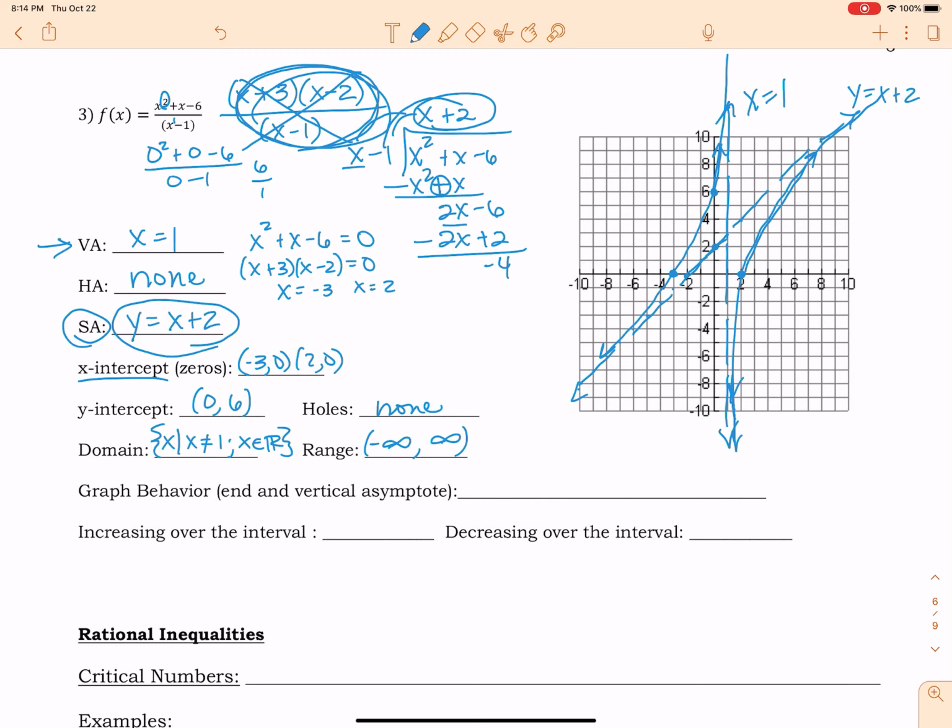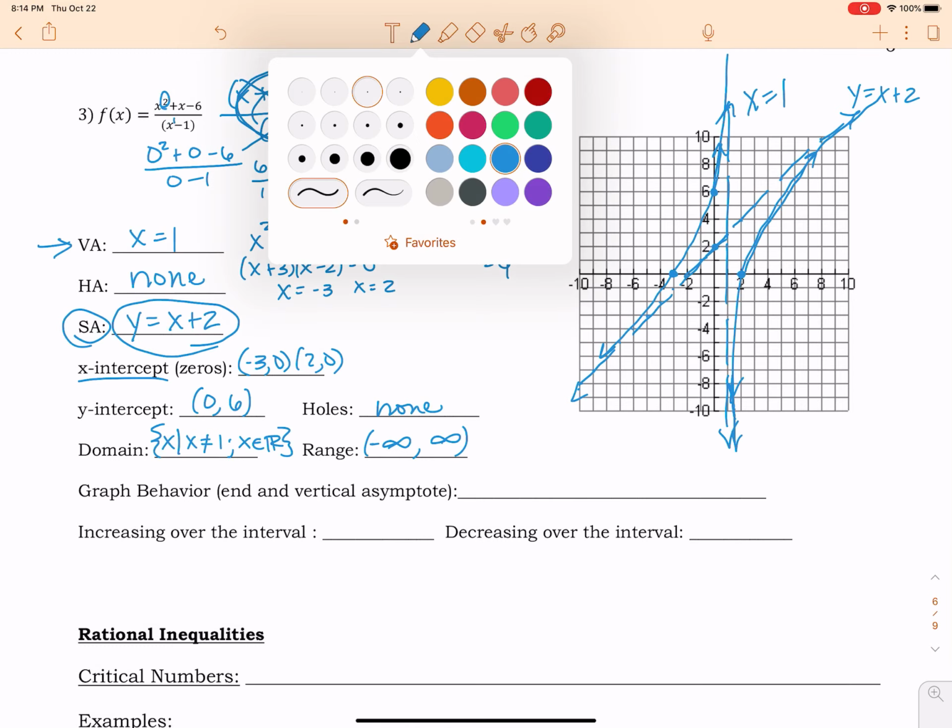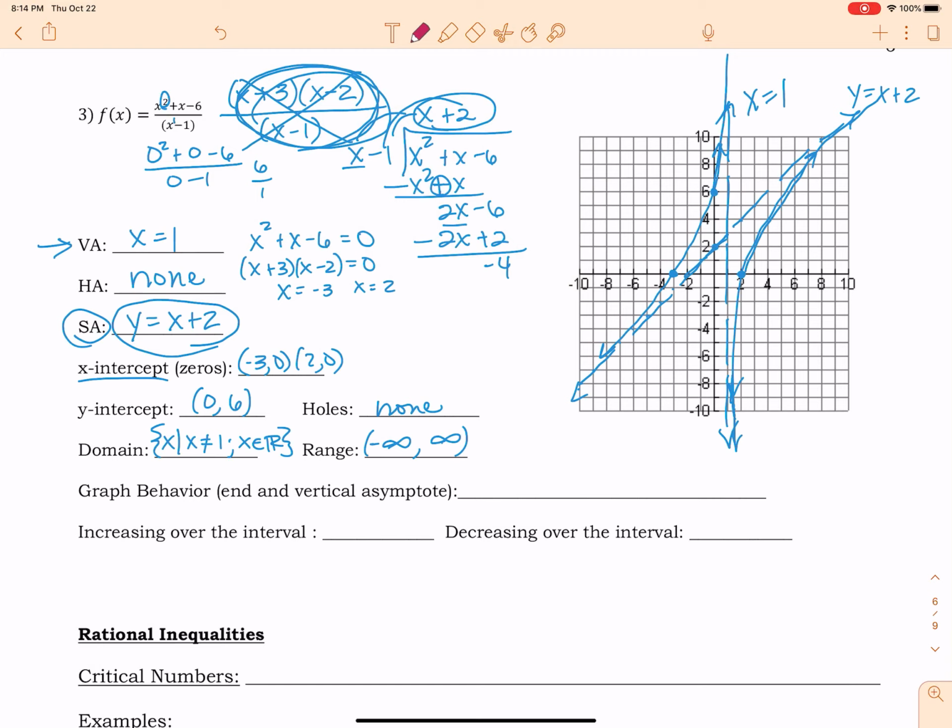Okay, so graph behavior. We have end behavior and we have asymptotic behavior. So we are first going to look at the end behavior. This can get a little confusing because we are used to having end behavior at horizontal asymptotes, and that's okay. Now, instead of using the horizontal asymptote, we're going to use the slant asymptote here.